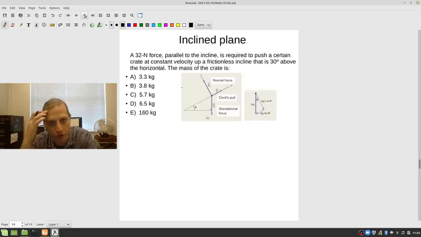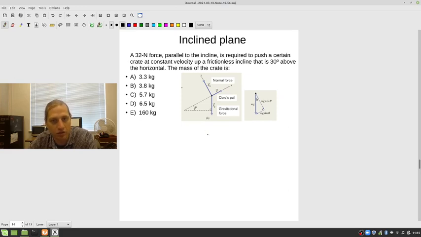Okay, last force one. Remember when we did a number of problems involving the inclined plane. In this case, it says you've got a 32 Newton force parallel to the incline required to push a certain crate at a constant velocity up a frictionless incline. Constant velocity means what? It means 0 net force. That is 30 degrees above the horizontal.